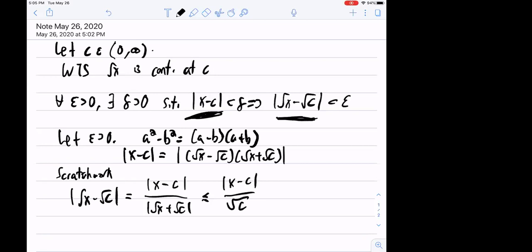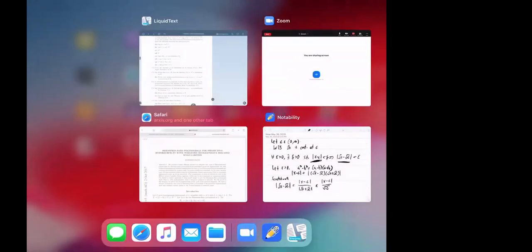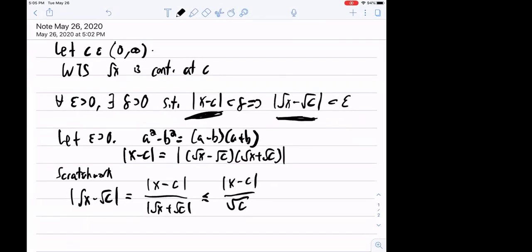I have control over x minus c, over how small this can be. So if I want this to be less than epsilon, what should my delta be? I want this in the end to be less than epsilon.